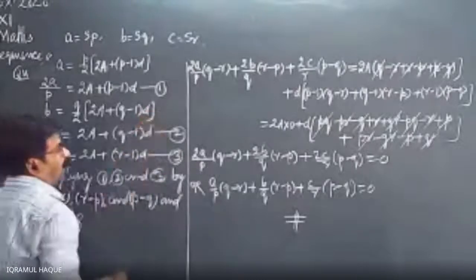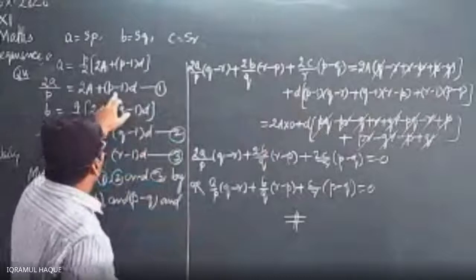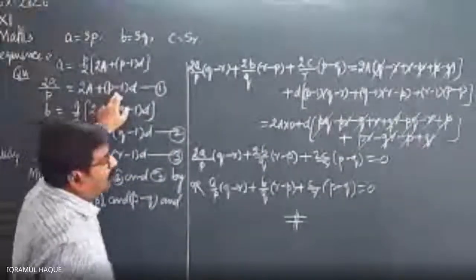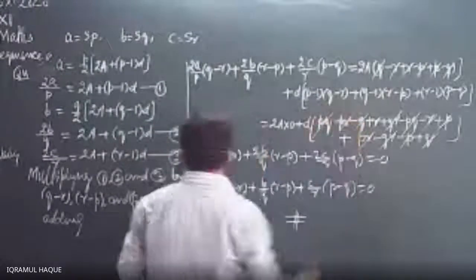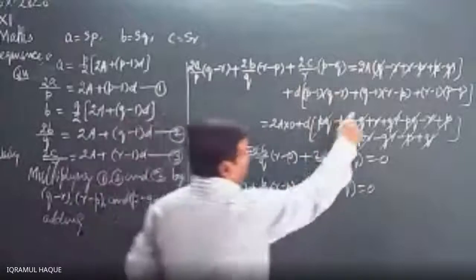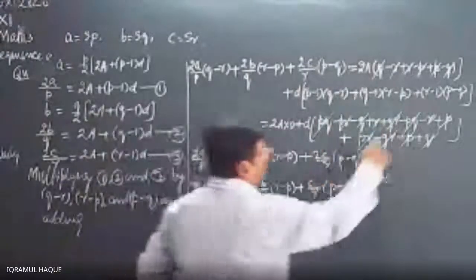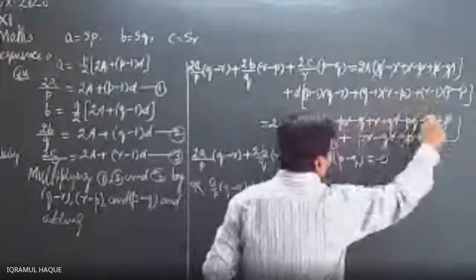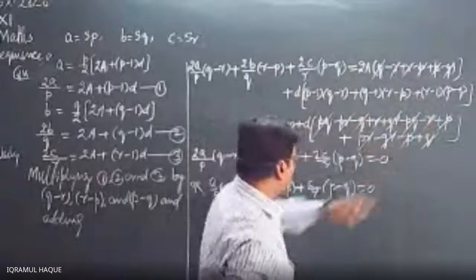D is common everywhere, so I have taken d common. Now, in p minus 1, in this equation, we have multiplied by q minus r. So p minus 1 into q minus r, plus in equation number 2, q minus 1 is multiplied by r minus p, so into r minus p. In equation number 3, r minus 1 multiplied by p minus q. And I have multiplied all these and all are cancelled. So this is 2A into 0 and this much is equal to 0.